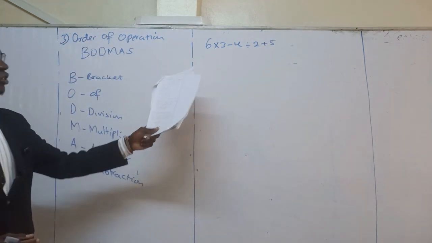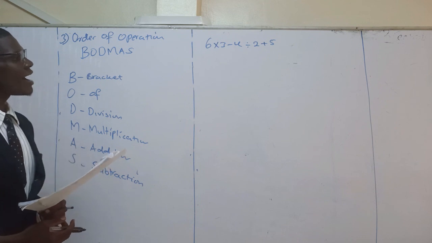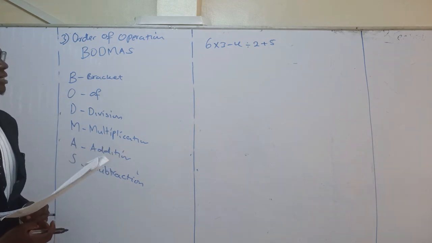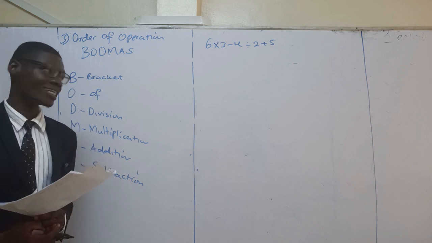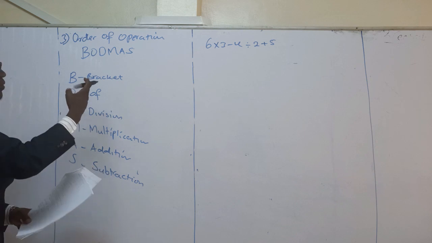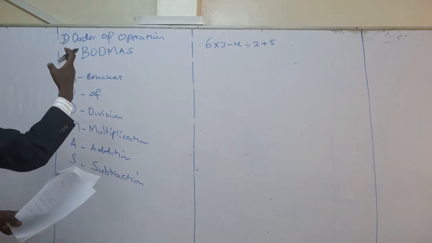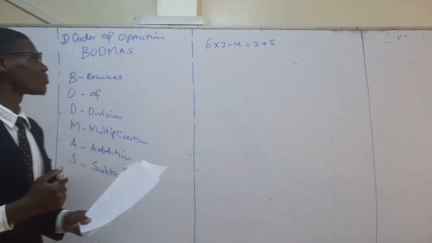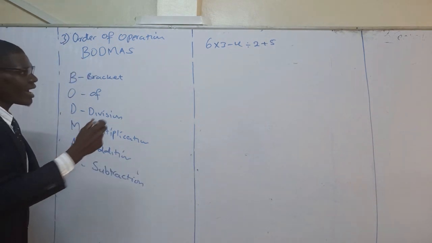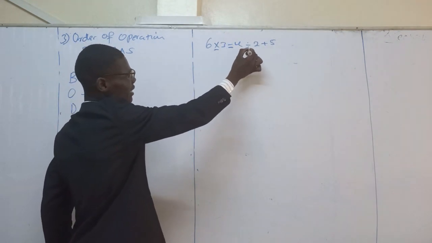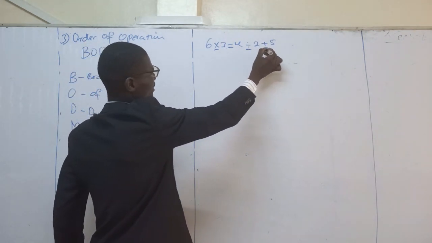In this operation we have 4 operations to be done so that we arrive at the answer. We will follow our rule BODMAS to carry out the operation.